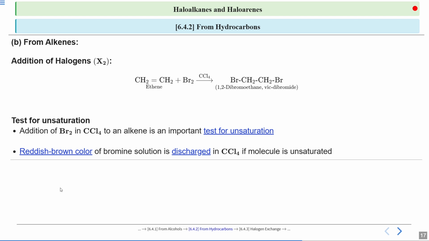So the reddish brown color of the bromine solution is discharged in CCl4 if you are using an alkene, an unsaturated compound. So addition of bromine in CCl4 to an alkene is an important test for the unsaturation of the reactant that you are using.